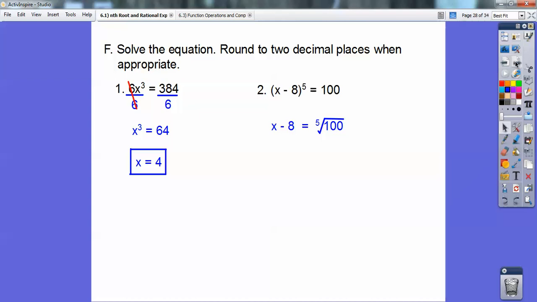It's just an exponent thing. So I just recognized that this is 100 to the 1/5 power. So I punched in my calculator 100 to the 1/5 power. Okay, and it gave me a decimal of 2.51. Those squigglies mean approximately equal to. Then I added 8 to both sides, and I got x is about equal to 10.51.